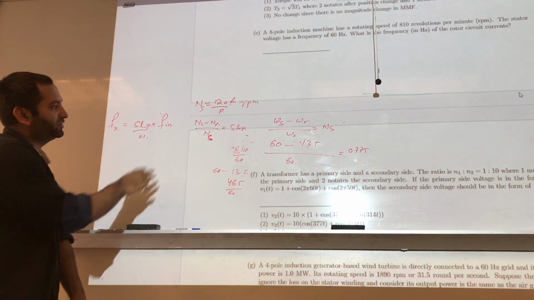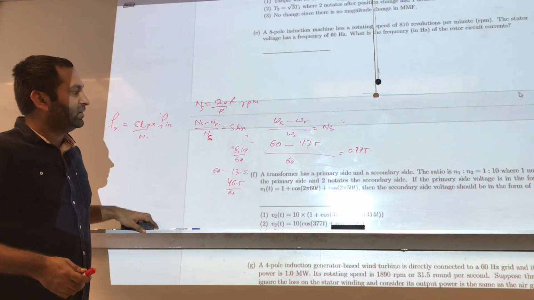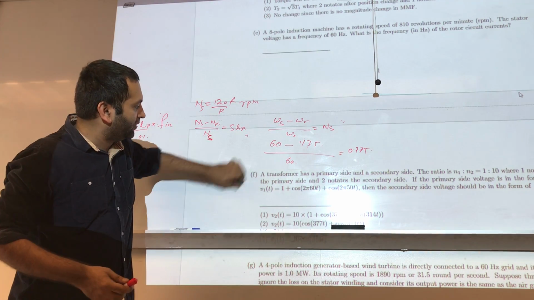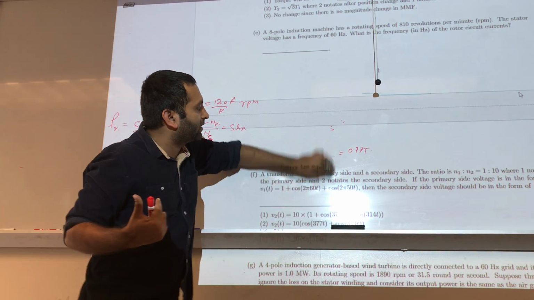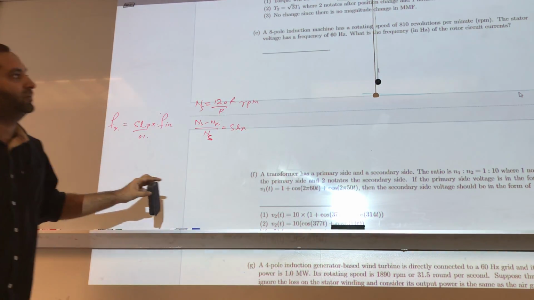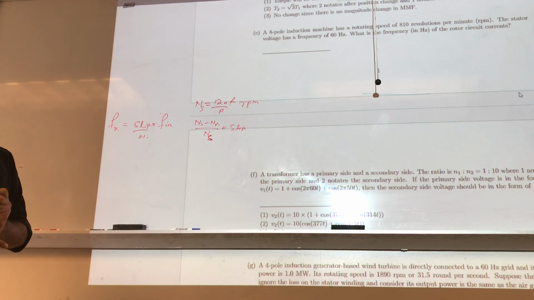You can do it using this process, but this is not giving the right answer. If I can find it, I'll post it in the solution. But you can just use RPM to solve it. You don't have to use radians per second.